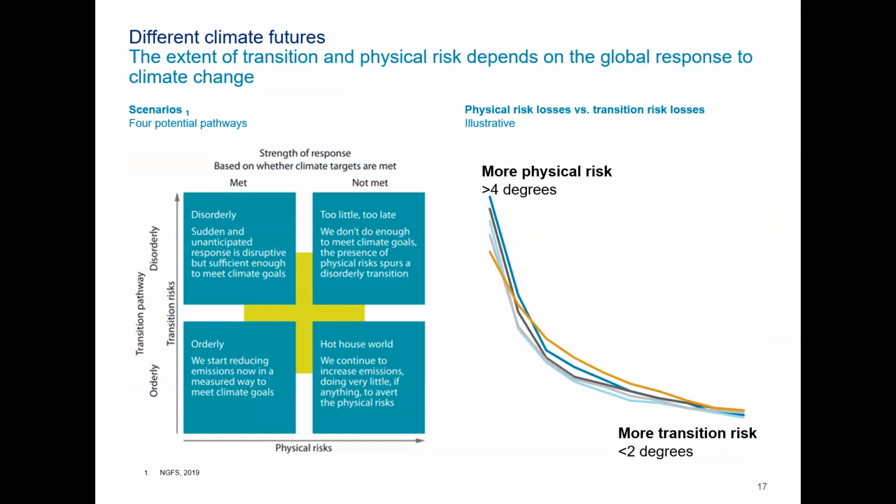Also, the way in which physical impacts are likely to drive urgency of climate action and create what the Principles for Responsible Investment, the PRI, talks about as their inevitable policy response.